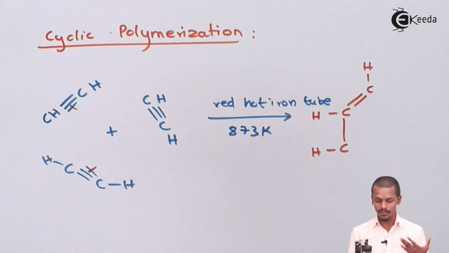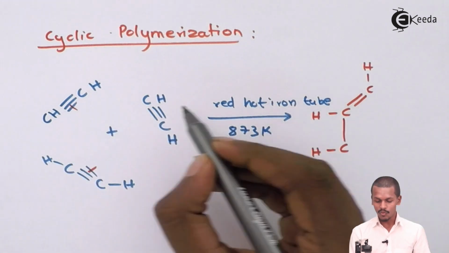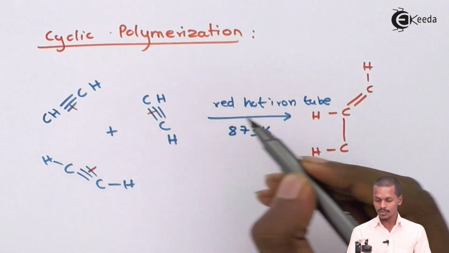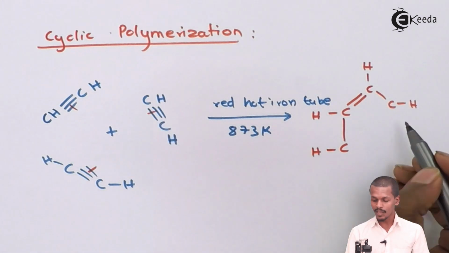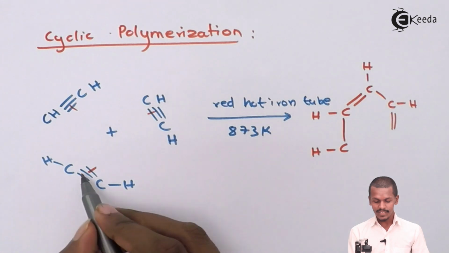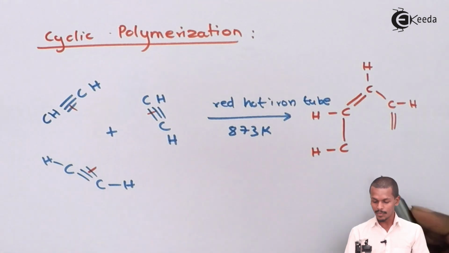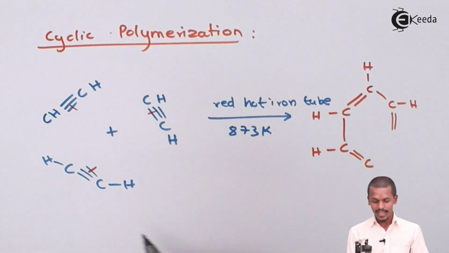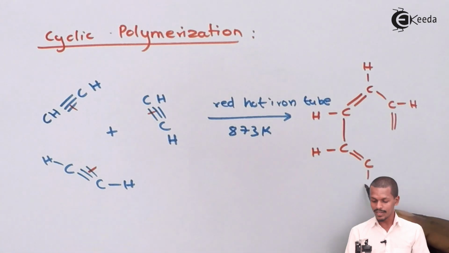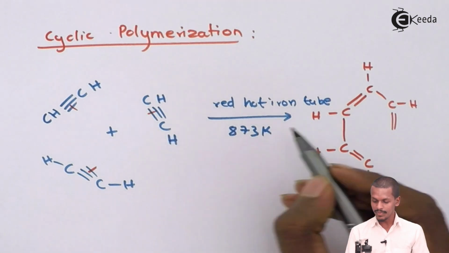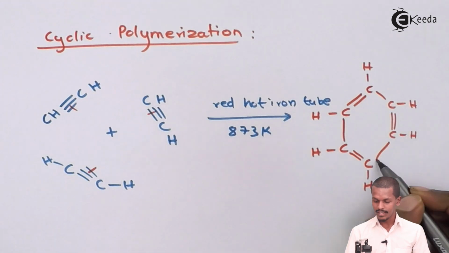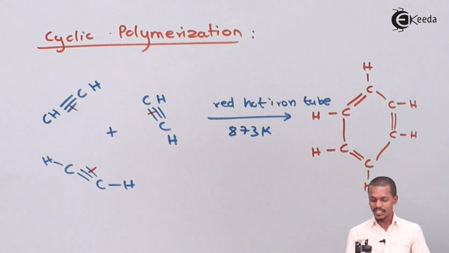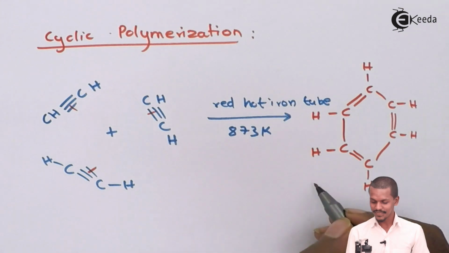Again, a bond would break from here also and here also, forming a CH bond over here, and this one would be a carbon-carbon double bond. This one also has a carbon-carbon double bond, as you can see, and this consists of only one hydrogen. This carbon atom would also break a bond, forming a carbon-carbon single bond here. So this is nothing but benzene.